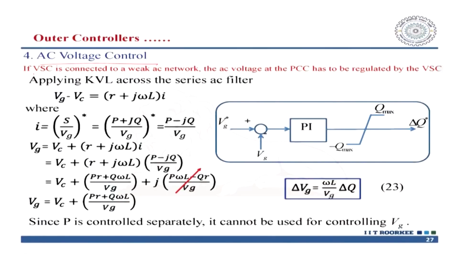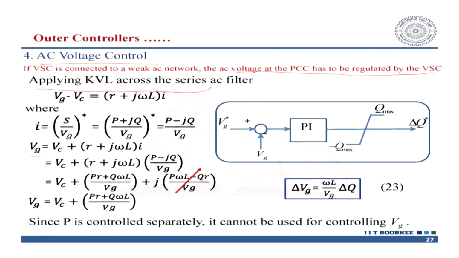So, let us see that this is AC voltage control, and if the distributed network is a weak network and the AC voltage has to be regulated by the voltage source controller, then instead of the grid it is a rigid body. So, we have to apply KVL, and ultimately you have the current, that is basically your voltage by the apparent power.